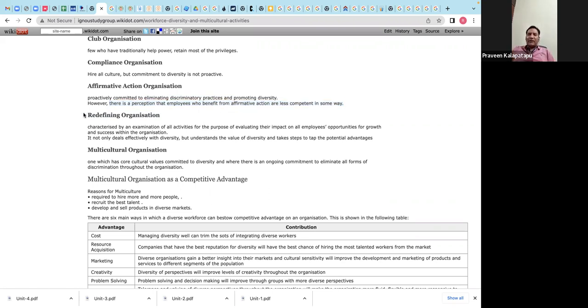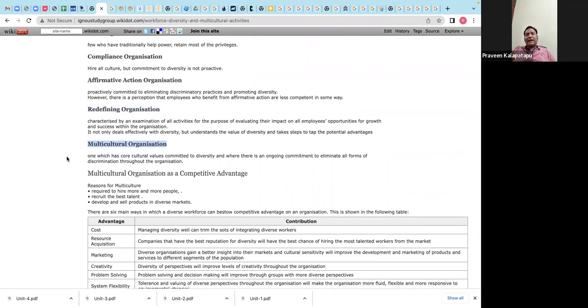Now coming to the redefining organization, right? It will see diversity holistically and effectively, and it also creates value around diversity-related aspects. It gives all employees equal growth and takes extra steps so that the advantages of diversity can be gathered. So this is the redefining organization. Now the multicultural organization.